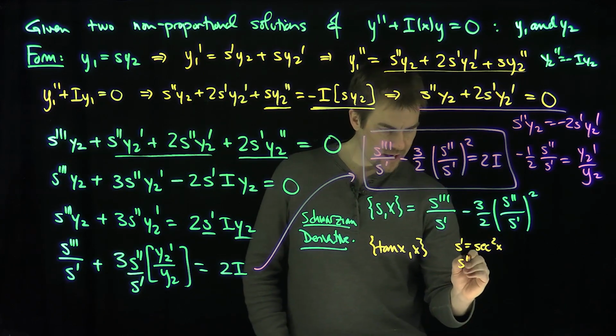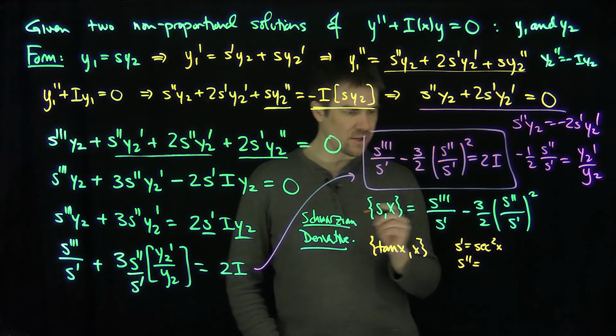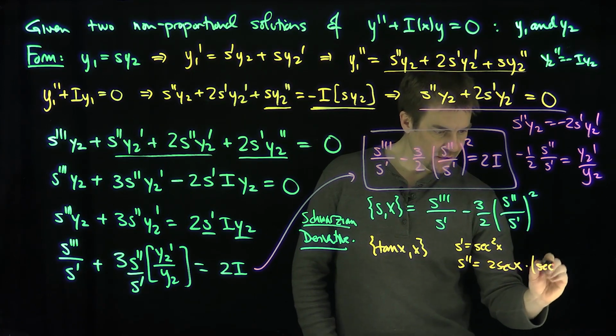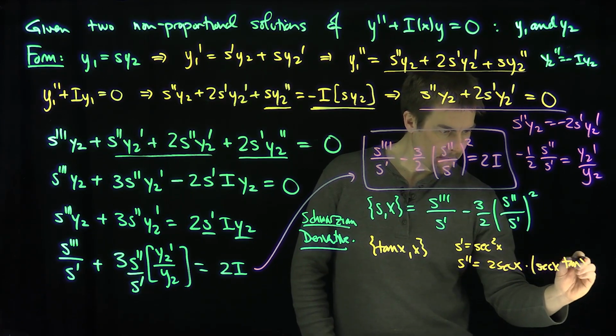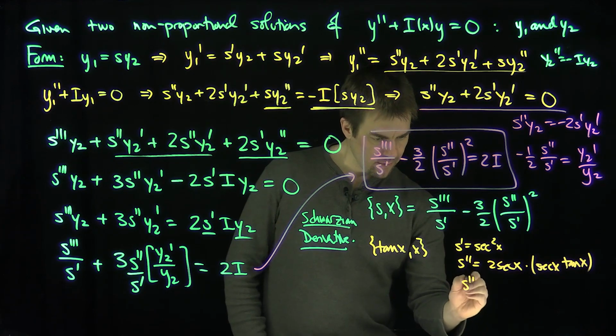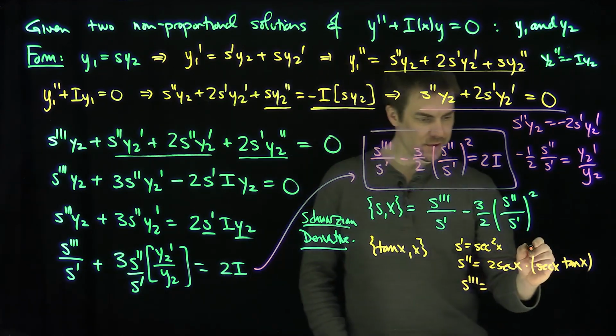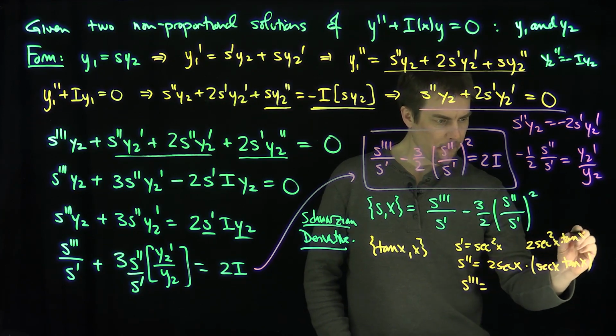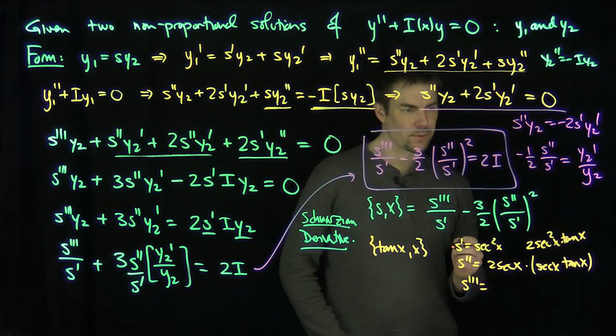The derivative of secant squared is going to be what? The derivative of secant squared is going to be 2 secant of x times secant of x tangent of x. So the second derivative is really 2 secant squared x times tangent of x. Okay? So what's the third derivative?